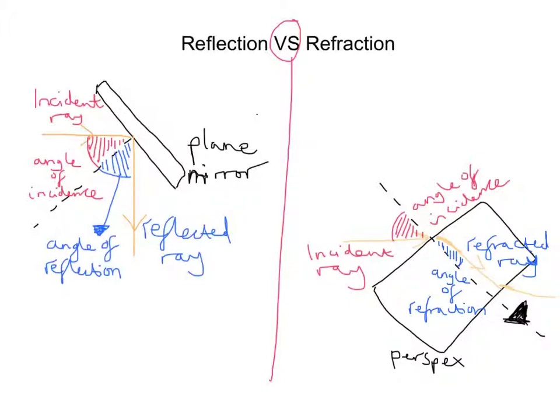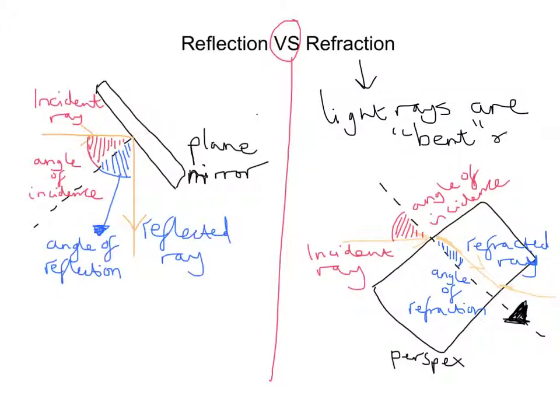So reflection is simply when the light rays are reflected off the plane surface, and refraction is when those light rays are simply bent and forced to change their direction.